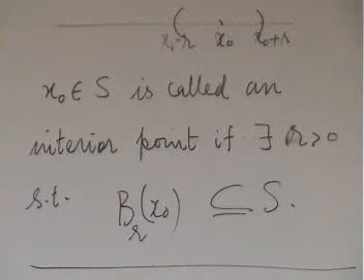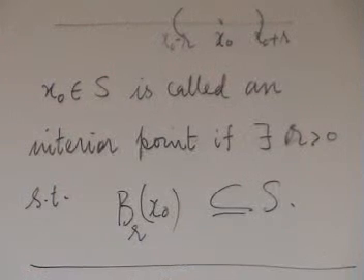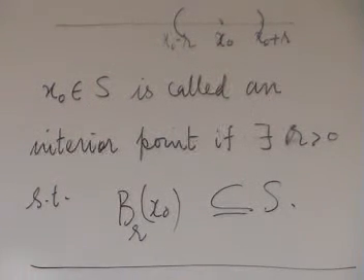Now, see, the definition has nothing to do with real numbers. It's only the definition of the ball, and the definition of the ball depends only on the distance. So immediately we have this concept in a metric space.